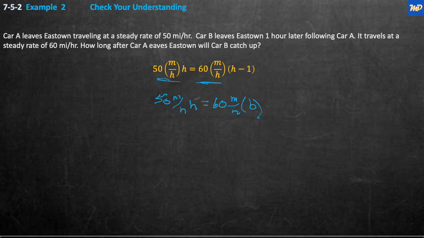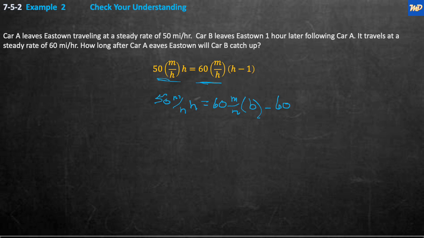That's an h, not a b, minus 60, because minus 1 times 60 is minus 60. Okay, so now we need to move the variable term to the opposite side to get them together.